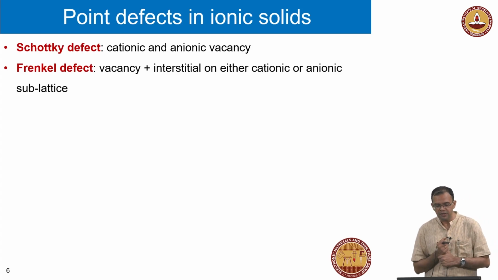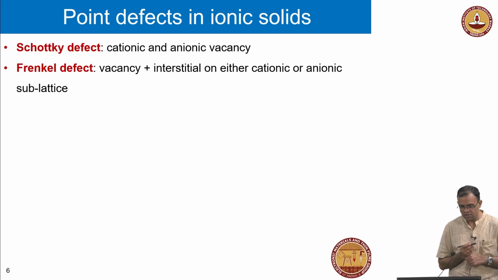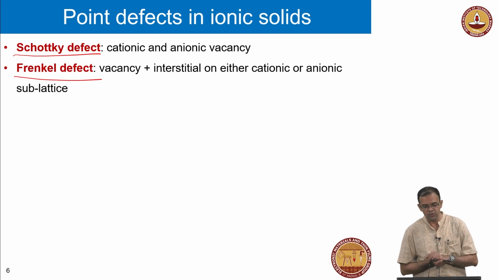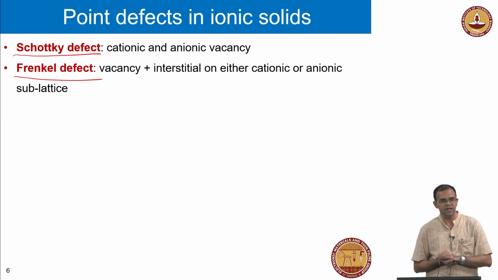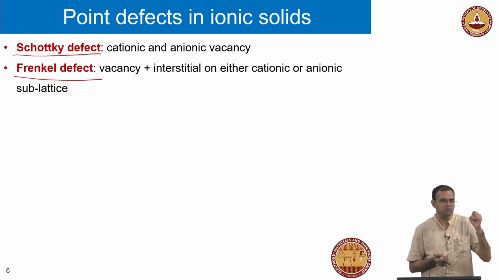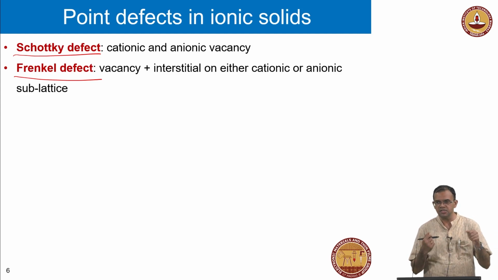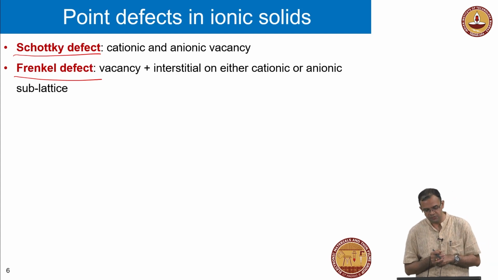Broadly, when we talk about point defects in ionic solids, we talk about either a Schottky defect or a Frenkel defect. A Schottky defect is one where we have vacancies on both the cationic and the anionic side. So we have both a cation that is removed and an anion that is removed, and this happens in such a way that the material is again completely neutral.